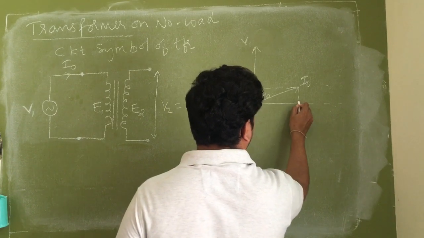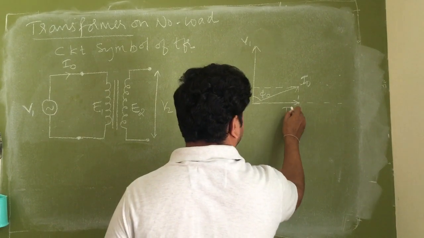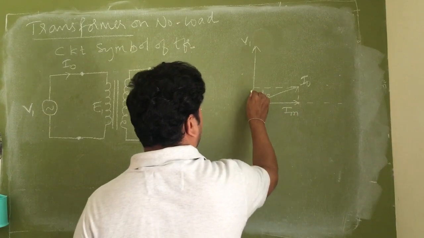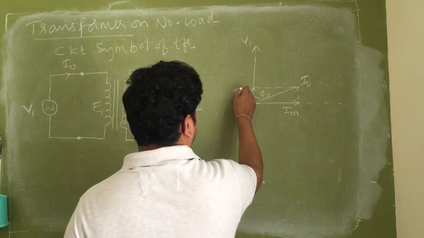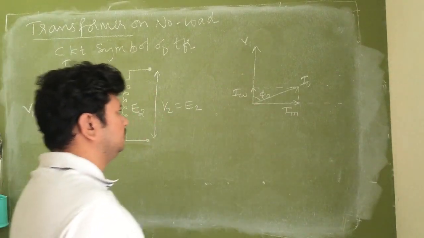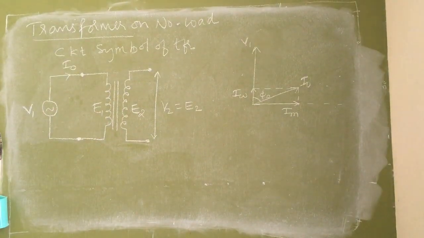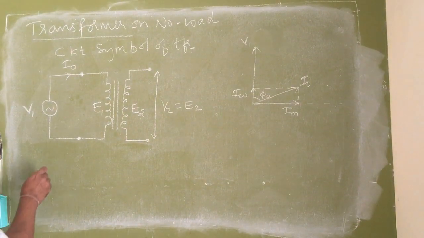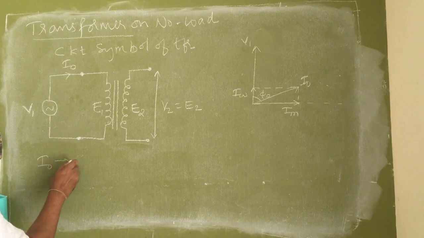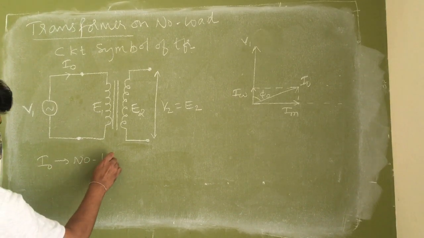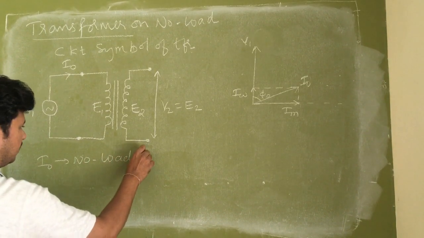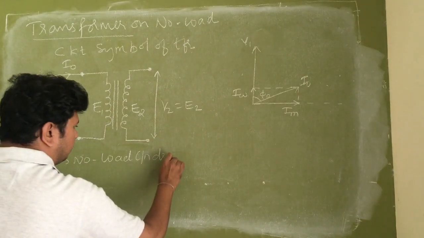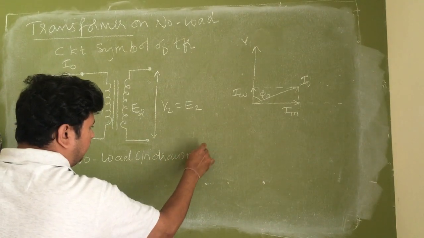So one component I will call Im and the other component I will call Iw. Now what is I0? I0 is the no load current drawn in the primary.